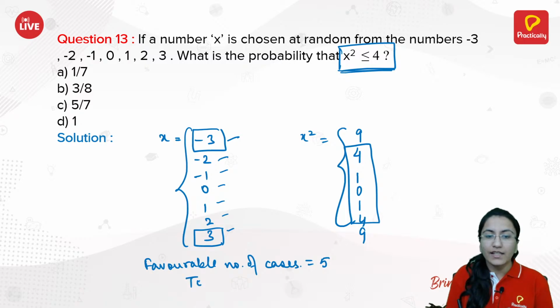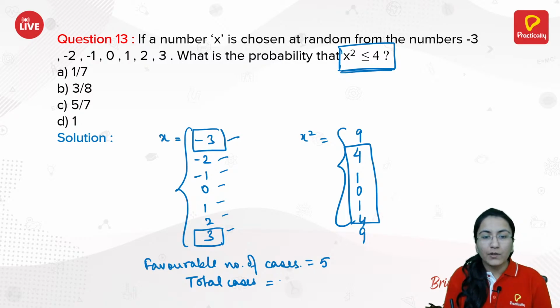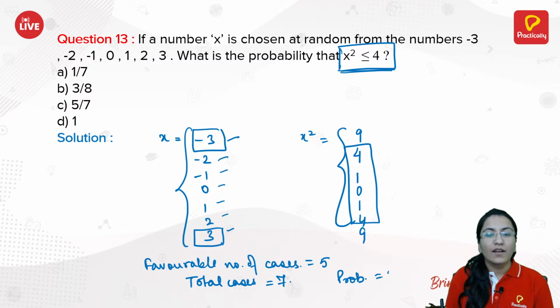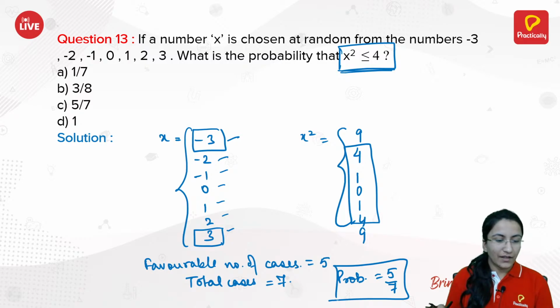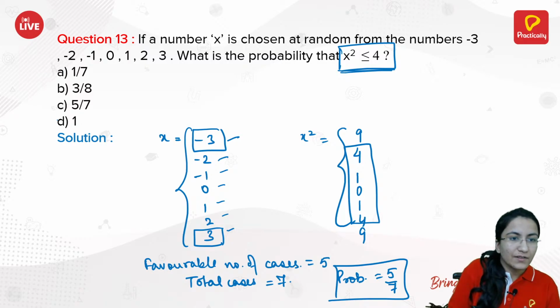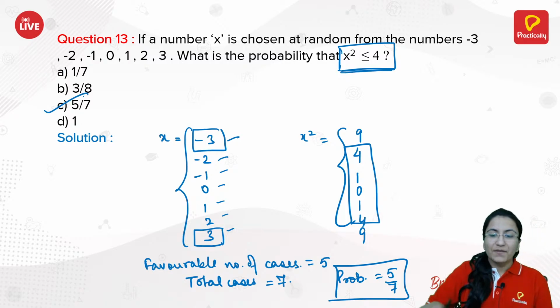So favorable cases are 5 and total cases are 7. That means the required probability is 5 by 7. Okay, so you have C option as the correct answer over here, right? 5 by 7.